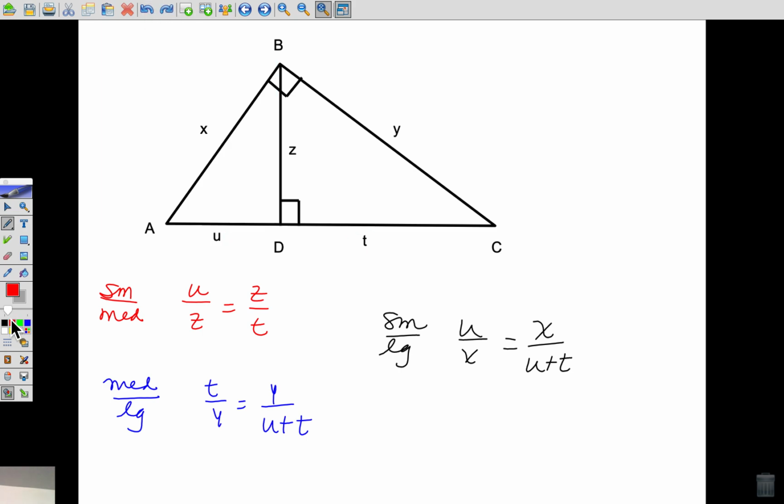If we compared our small to large, our geometric mean on the small is our hypotenuse x, and it is the geometric mean because it is an altitude between u, which is the closest part of the hypotenuse that it touches, literally right here, and the entire hypotenuse, which is u plus t.